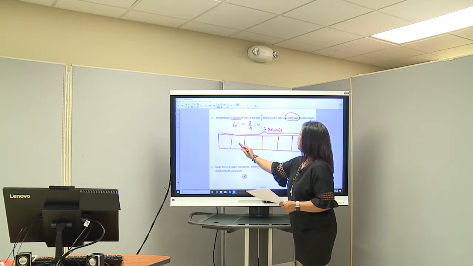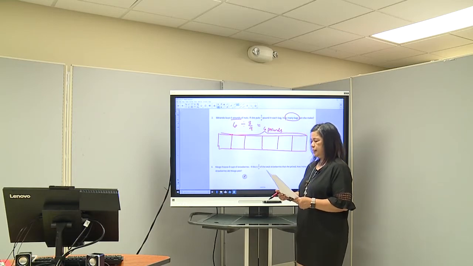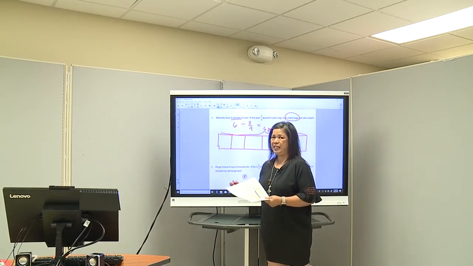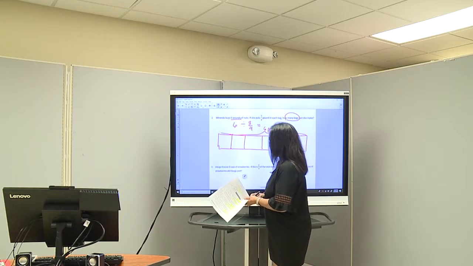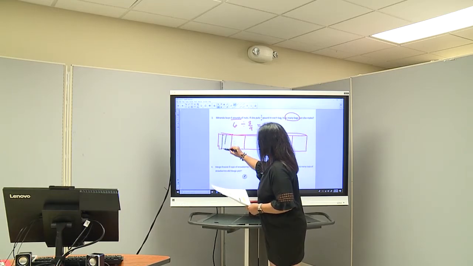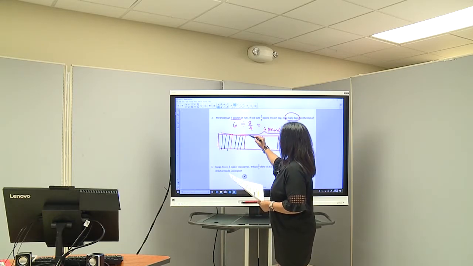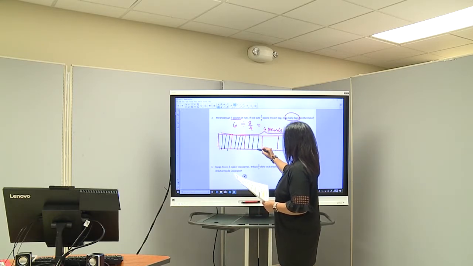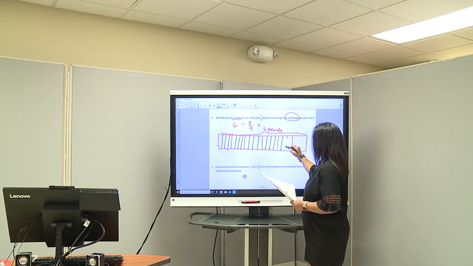So I have 1, 2, 3, 4, 5, 6. Okay. So what did it say? 3/4 in each bag. So each of this is 4. 1, 2, 3, 4. 1, 2. So you do that in all the parts. All the 6 pounds there has fourths.